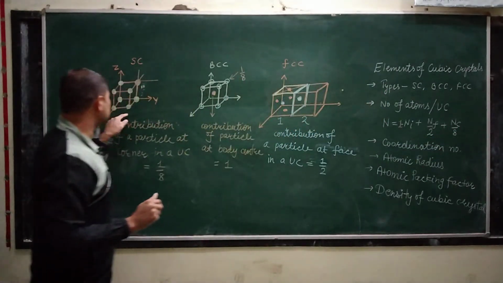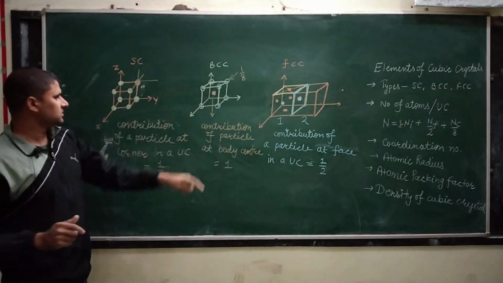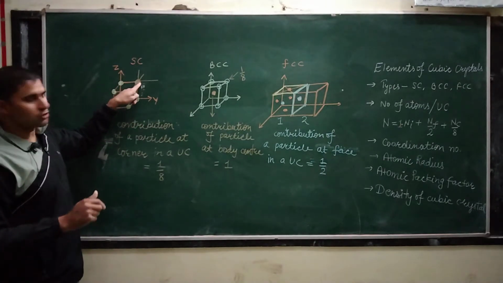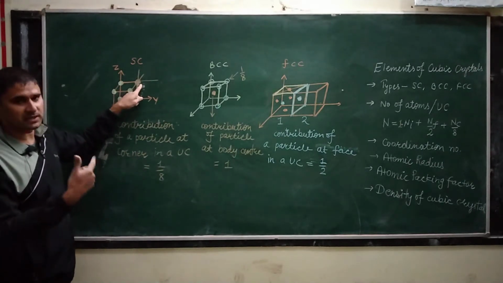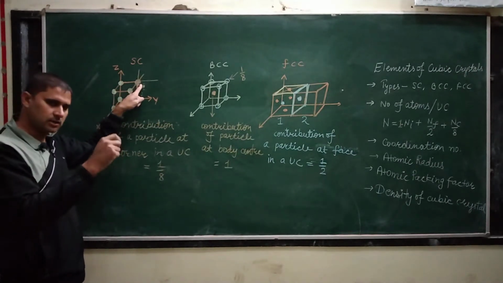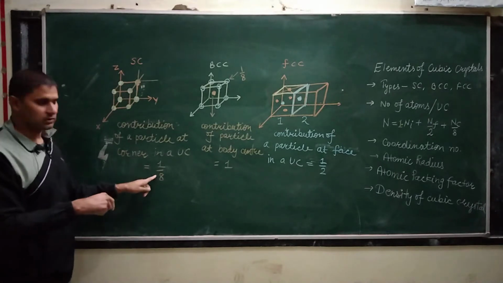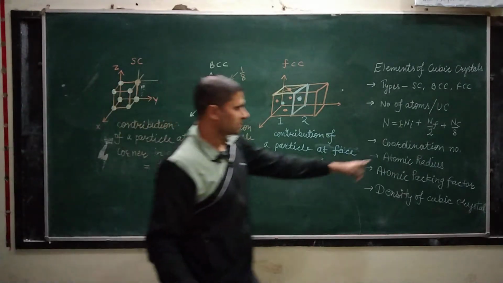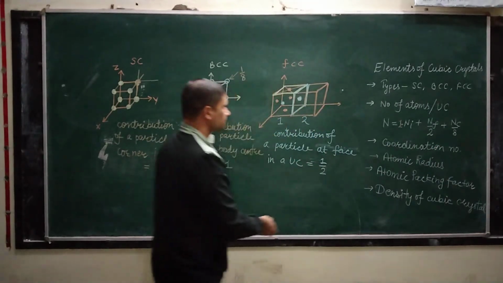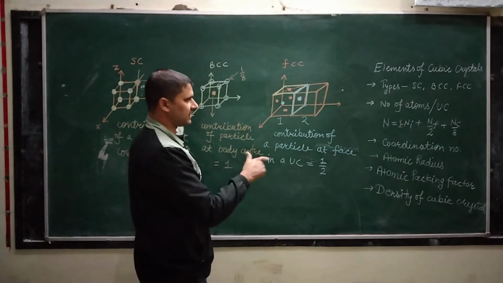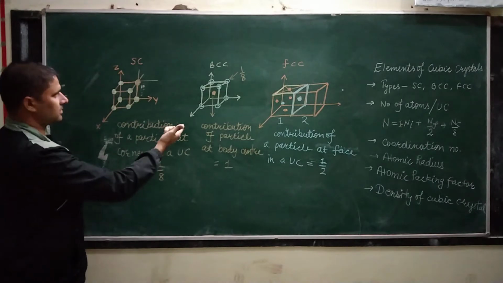So come to this cube. In all cubes, this corner is shared by 8 unit cells. So the contribution of the particle which is present at the corner is 1 by 8. That's why 1 by 8 is there. So this is the formula to count the effective number of particles present in the cube.